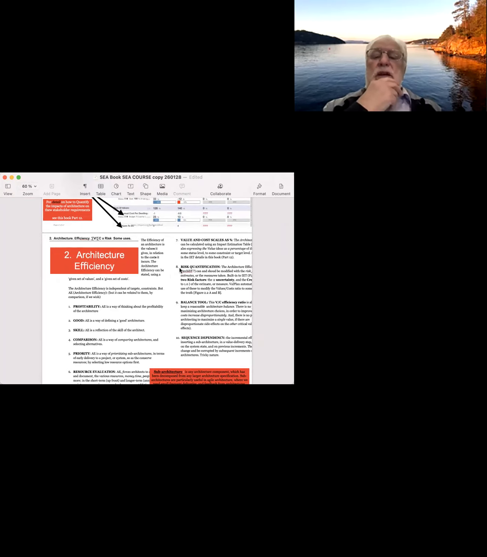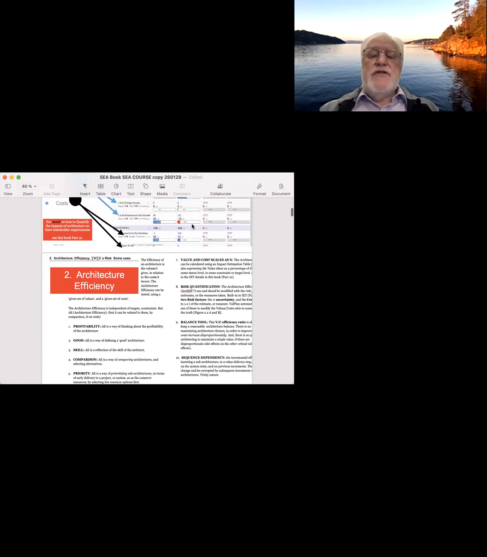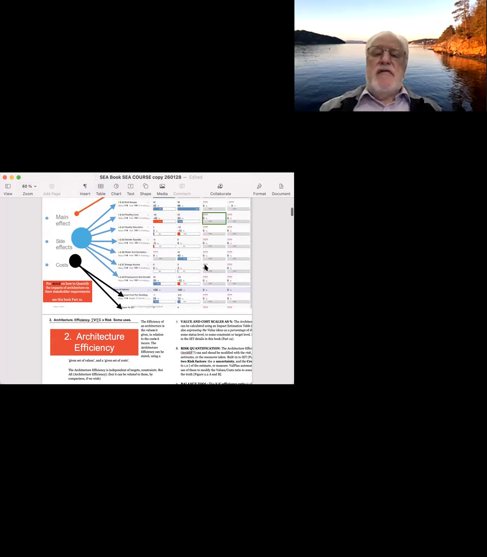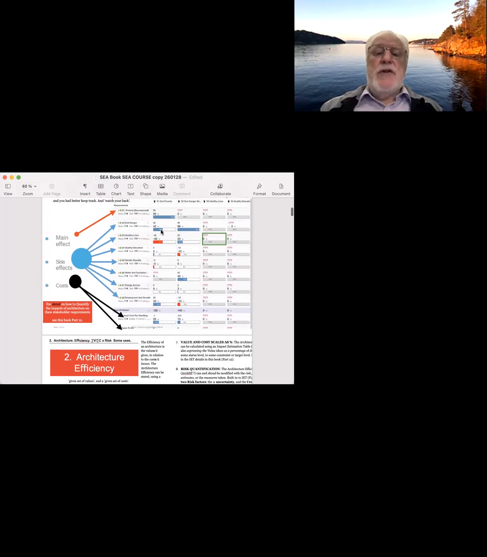Another thing we do with the architectural efficiency is, and it's intentionally invisible up in the table here, but later we'll get into the idea that when making an estimate, we need to estimate the riskiness of the architecture. In other words, the first thing I do is say, okay, you have said 42% is the impact of the architecture, but could it be less or more, or is it exactly 42%?